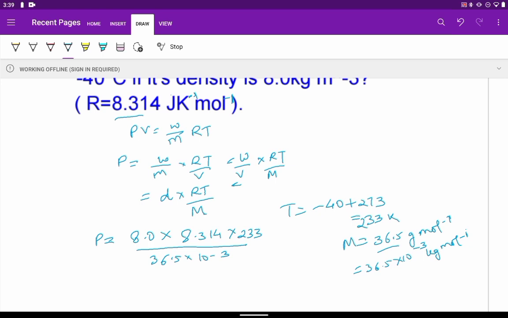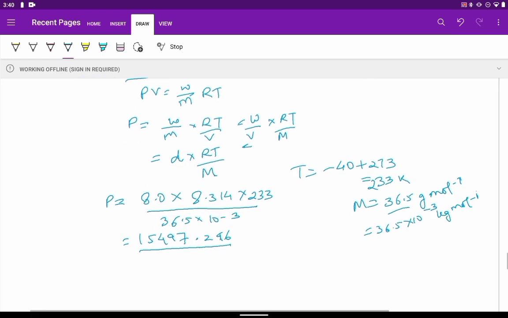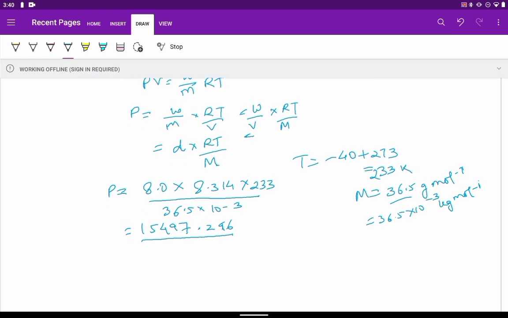Now when we calculate, if we multiply the numerator, all the three values, what we get is 15497.296. I am not showing the calculation part because multiplication we all know. You just simply multiply the numbers, that's all. And denominator is 36.5 into 10 to the power minus 3.